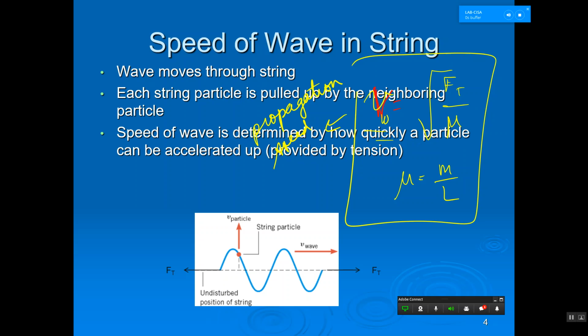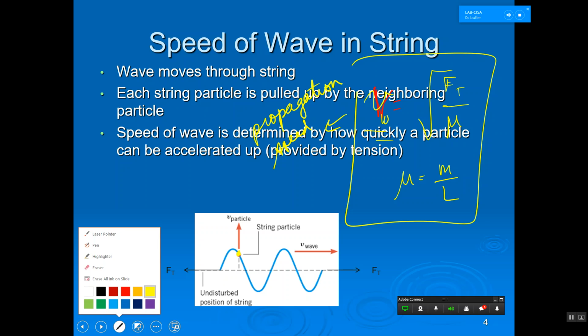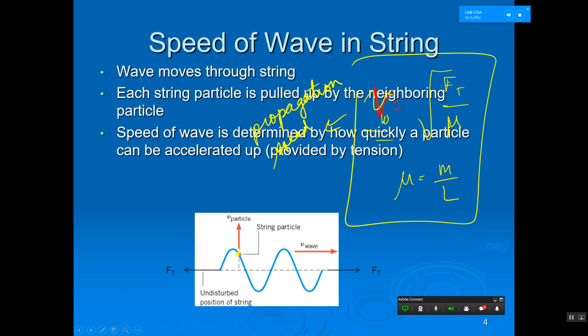Essentially, the reason you have a propagation of a wave is, if I were to pause me doing that little lash whip thing with Danielle holding it at the other end, if I make this part go up, then this particle here is going to provide a tension in this direction.